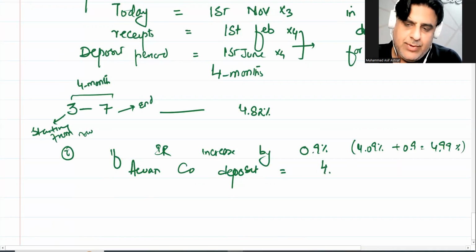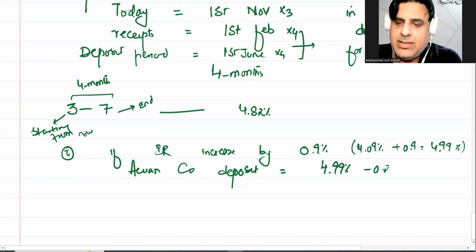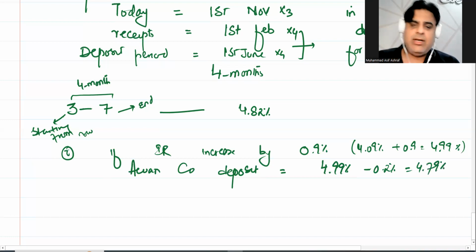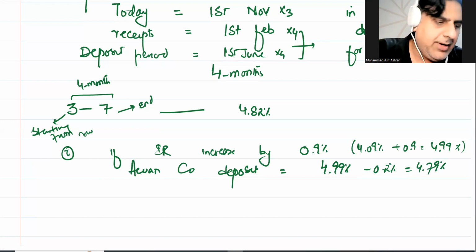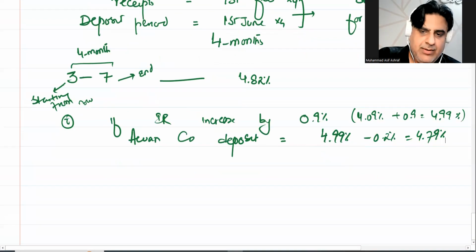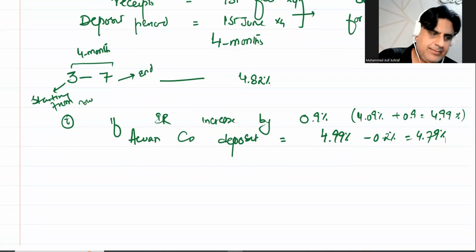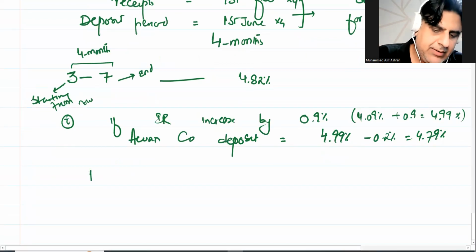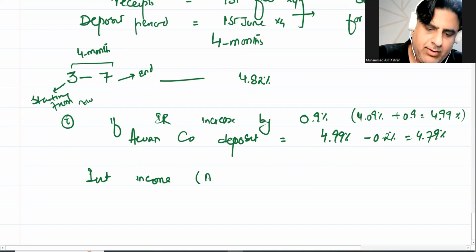So 4.99 minus 20 basis points. This would be the actual interest rate at which Avanco will be receiving the interest. Now listen carefully. You have to calculate interest income, and interest income will always be on the actual rate.